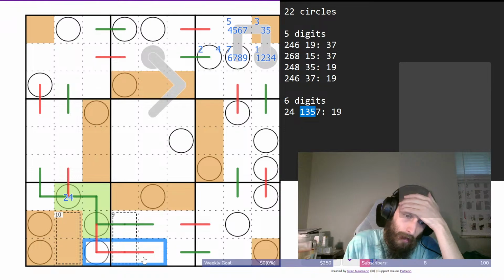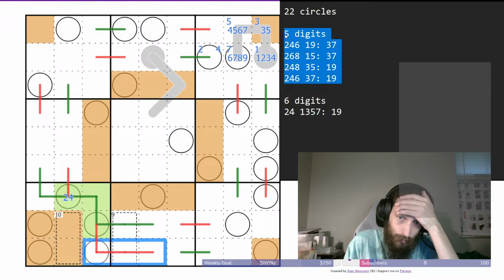Now, red is the path with 3 evens, which has to be a 5-digit version. Which is possible here. It's even possible that it skips this one.